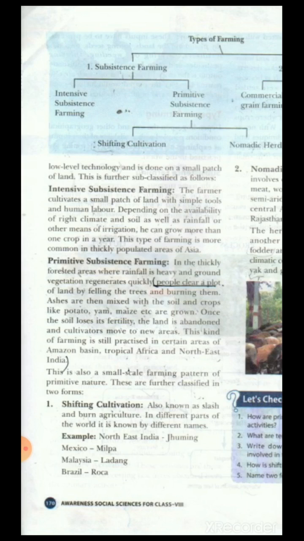The cleared patch of land is cultivated for a few years till the soil starts losing its fertility. The patch of land is then abandoned and the farmers move to a new location and repeat the entire process there again. Which crops are grown in shifting cultivation? Crops such as cassava, yam, potato and maize are grown in this type of agriculture.